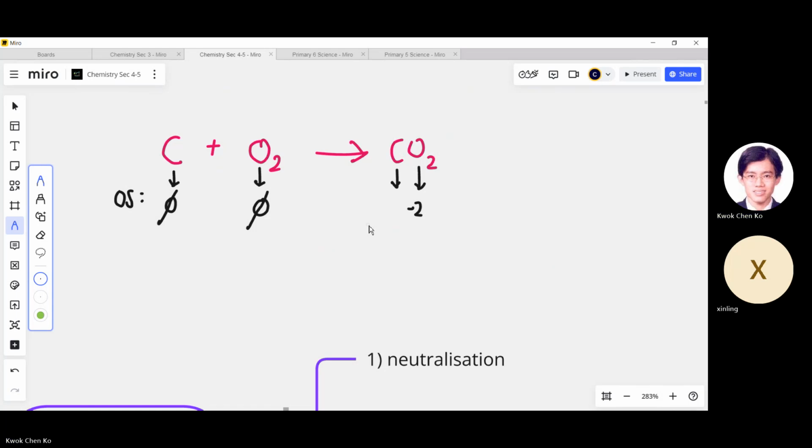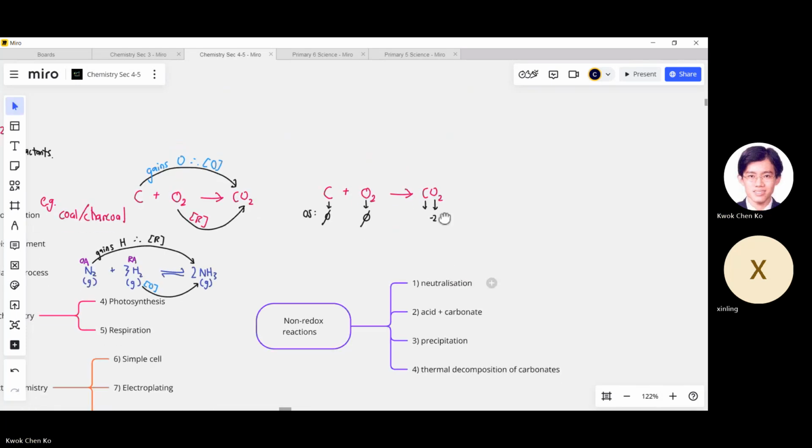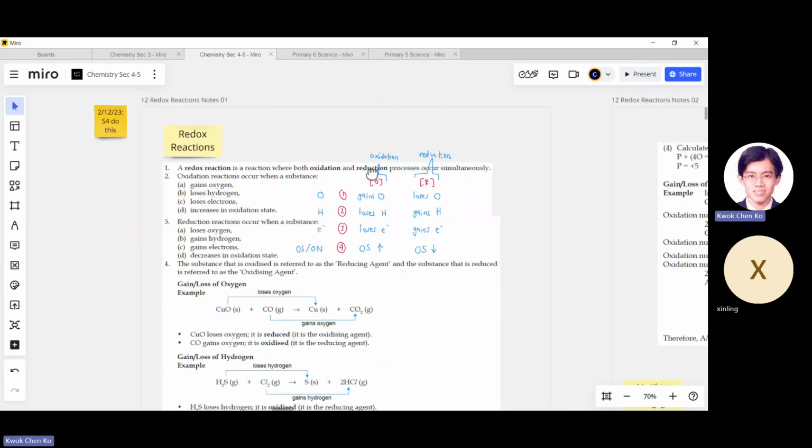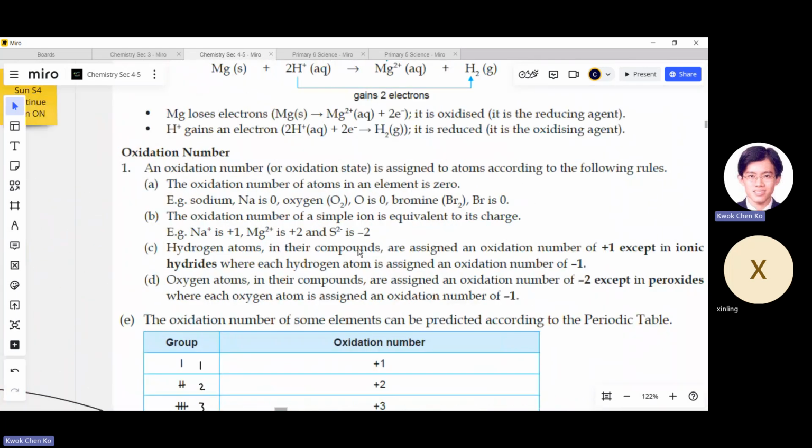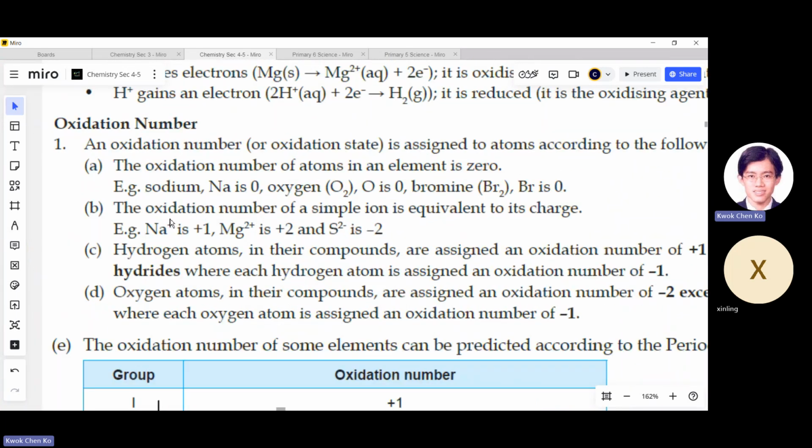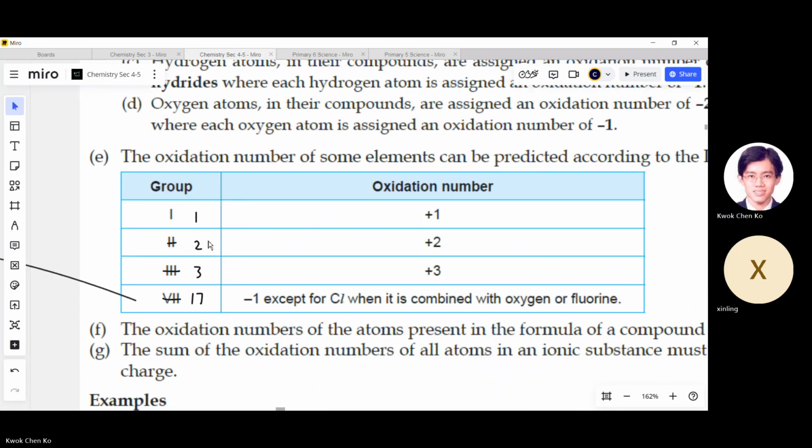Now carbon C in CO2. Which rule do I use? Can I use rule A? No, not really. It's not an element. Rule B? No, it's not an ion. Rule C? No. This only applies to hydrogen. Rule D? Oxygen? No. How about rule E? Can I use rule E for carbon?